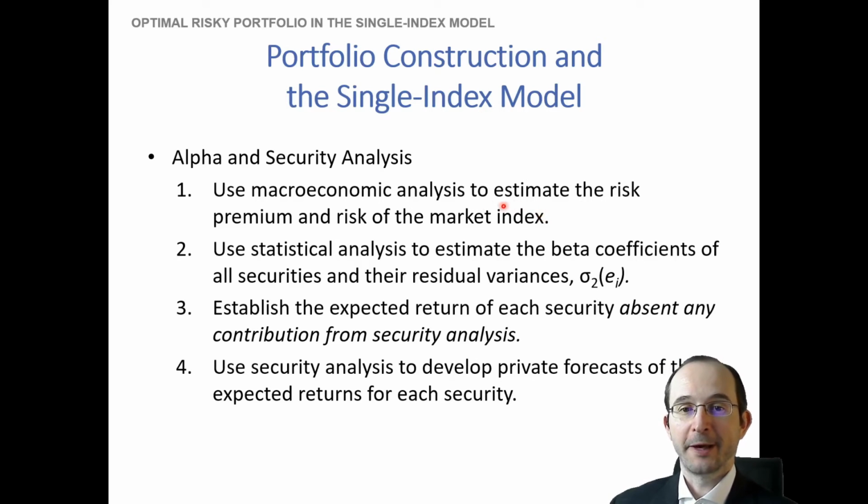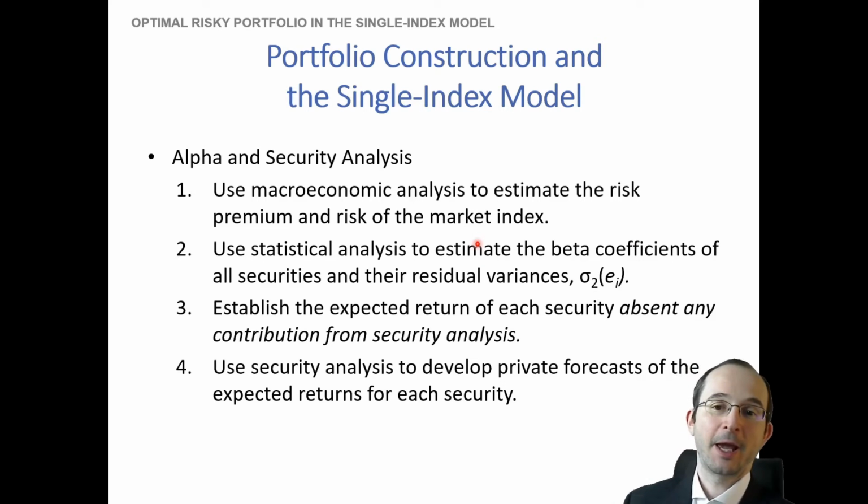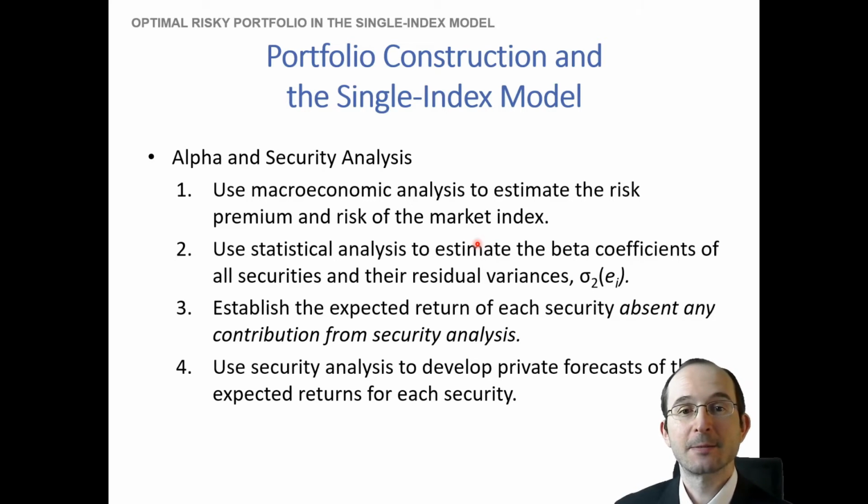Now, once we have a sense of what the expected risk premium and risk of the single index is going to be going forward, we can relate that to the expected returns and expected risks, both the systematic and firm-specific risks, for each of our portfolio assets, using these sorts of regression models, like the one for HP that we looked at.